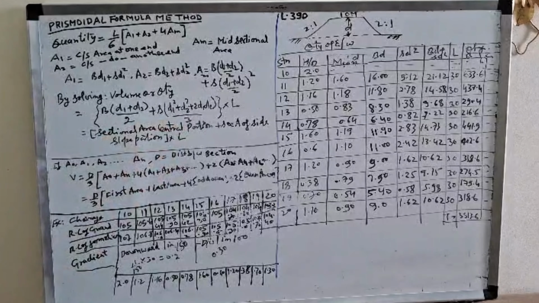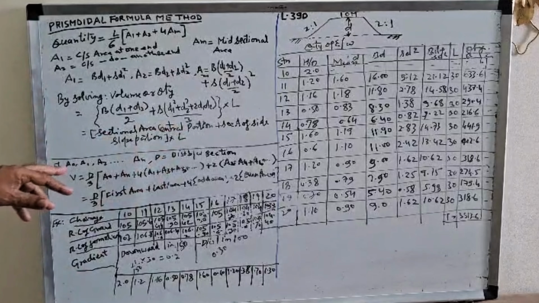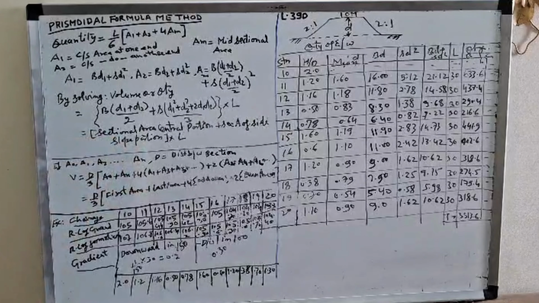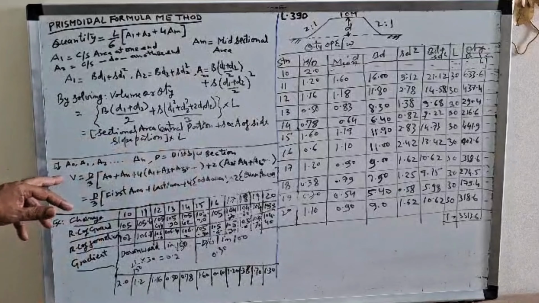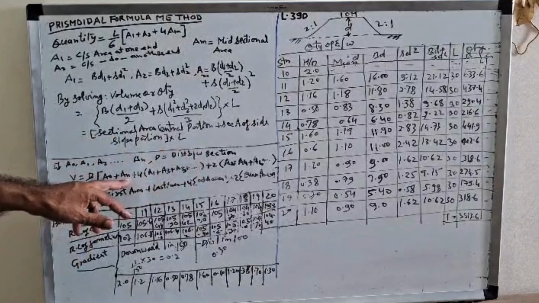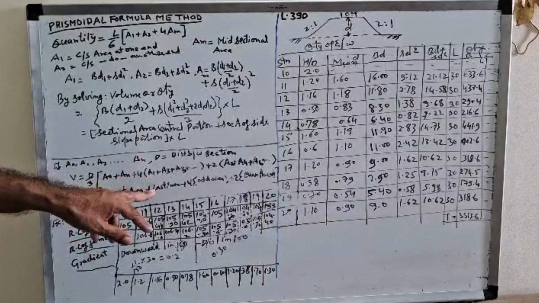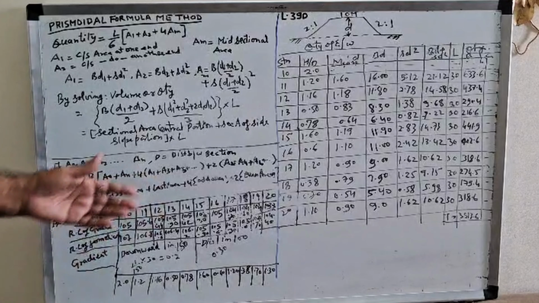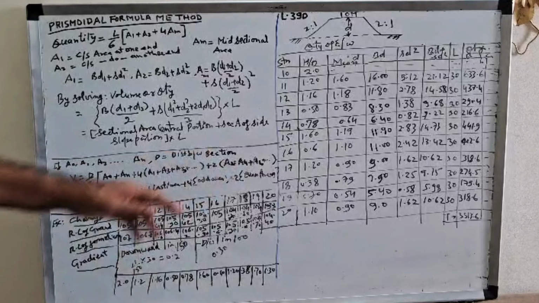But suppose you have different cross-section areas A0, A1, A2, A3 up to An, and d is the distance between the sections. Then you can calculate d by 3 times (A0 plus An, that is the first and the last, plus 4 times the odd areas plus 2 times the even areas, that is A2, A4, A6).